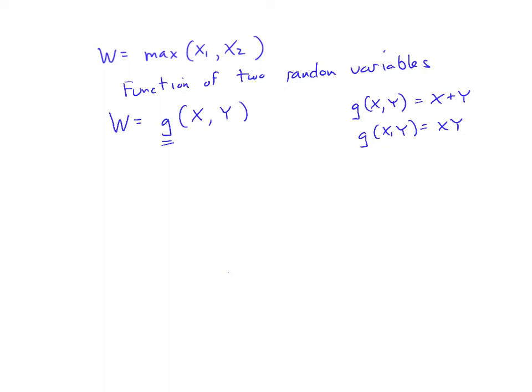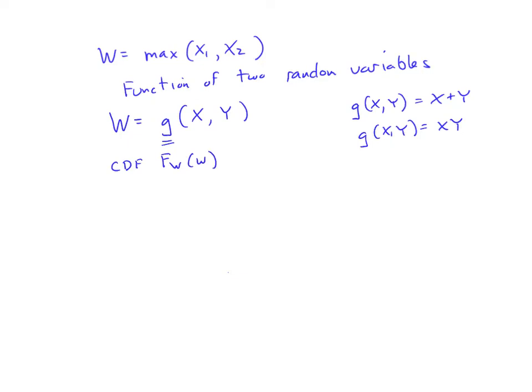So in the previous example, we had g was the maximum of two random variables, and we found out that when X1 and X2 are independent, we had some tricky way of finding out the CDF F_W of w.